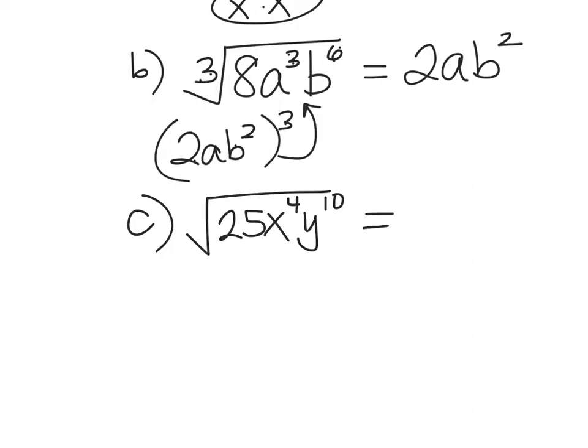Just try it quietly. Okay, without shouting out, who thinks they know the answer? Who's got this? I won't call on you. Yeah? Okay? All right. You want to say it together? 5x squared y to the 5th.